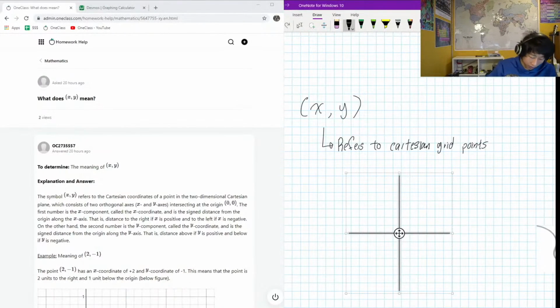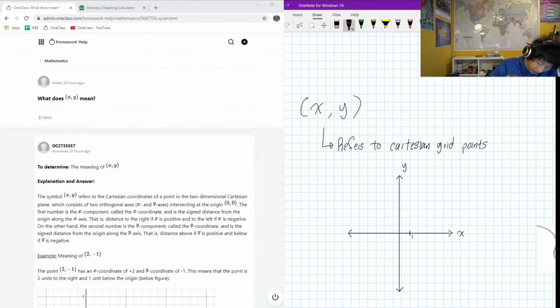Okay, so suppose that we have this Cartesian grid here, and here we have the x direction, and here we have the y direction.